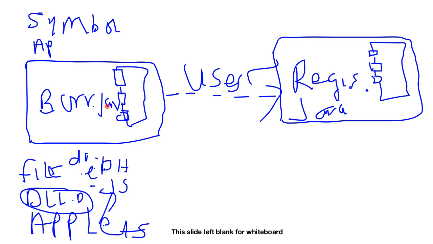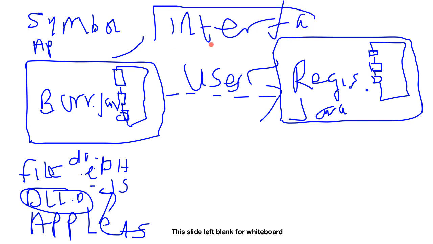And if they are able to create a communication on a given system, that means borrowing and registration must communicate. So in this case, we can say we are providing an interface for this. So we are providing a clear interface. And when you provide these two interfaces, they must be executable, or they must be used by the user.